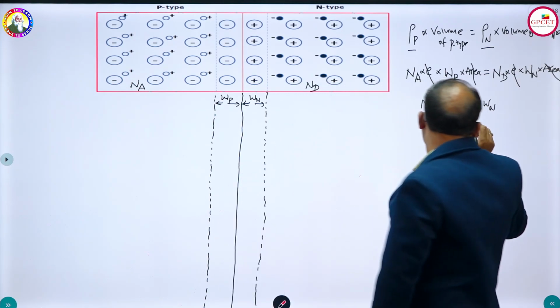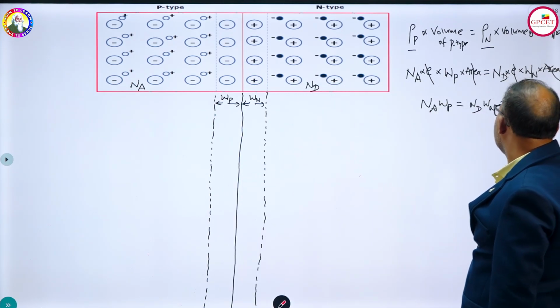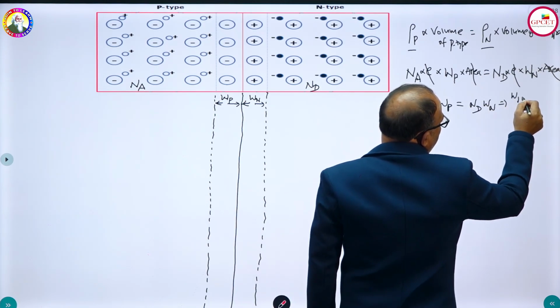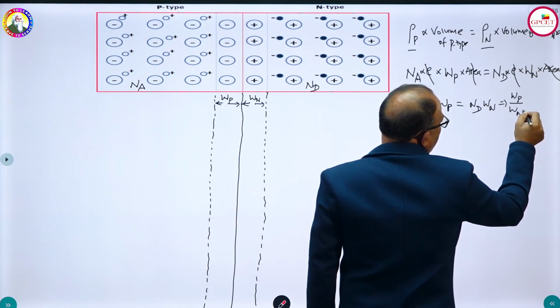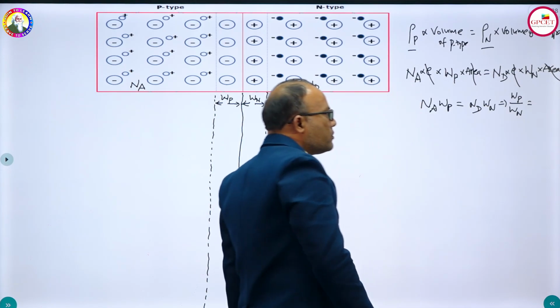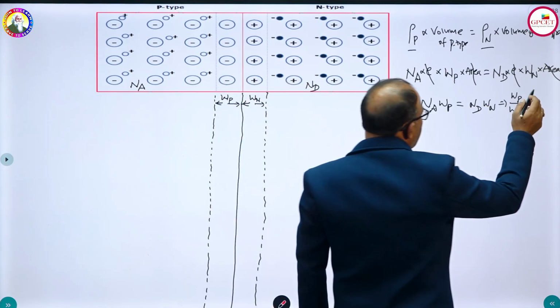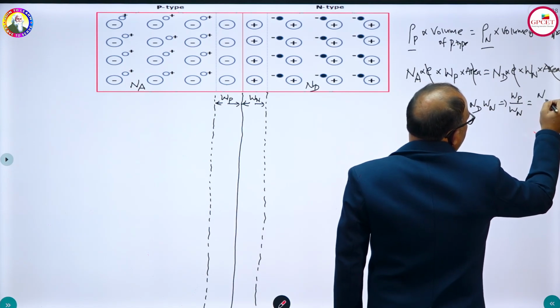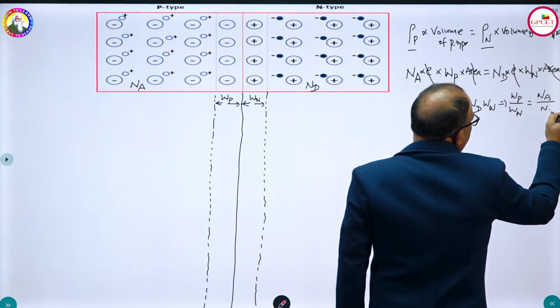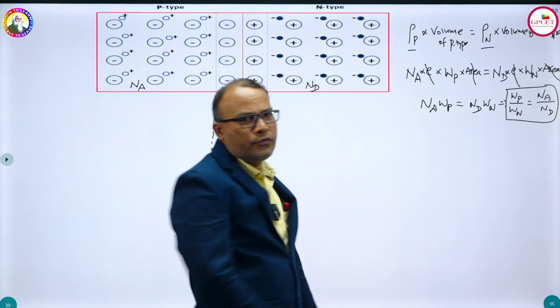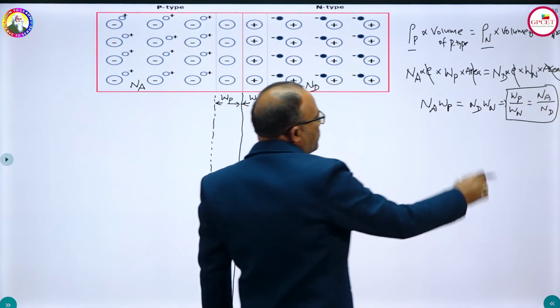Or I can write Wp divided by Wn, the width of the depletion region towards the p side and the n side, is equal to Nd divided by Na.